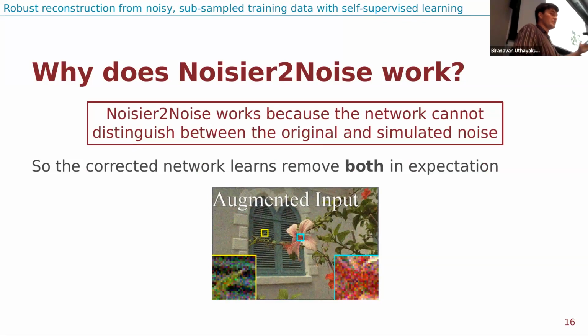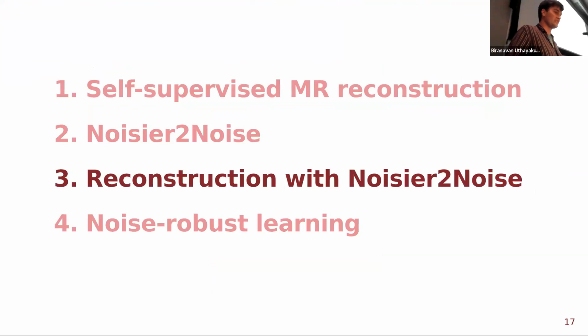At training, I give the network this augmented input, the noisier image, and I'm trying to get it to recover the singly noisy image, but the network cannot distinguish between the original noise and the further noise. So it removes both in expectation because it doesn't know which is which. This is a really important point that I'm going to come back to later in the context of reconstruction. So I'm going to put a pin in that, to keep in mind for about 5 or 10 minutes.